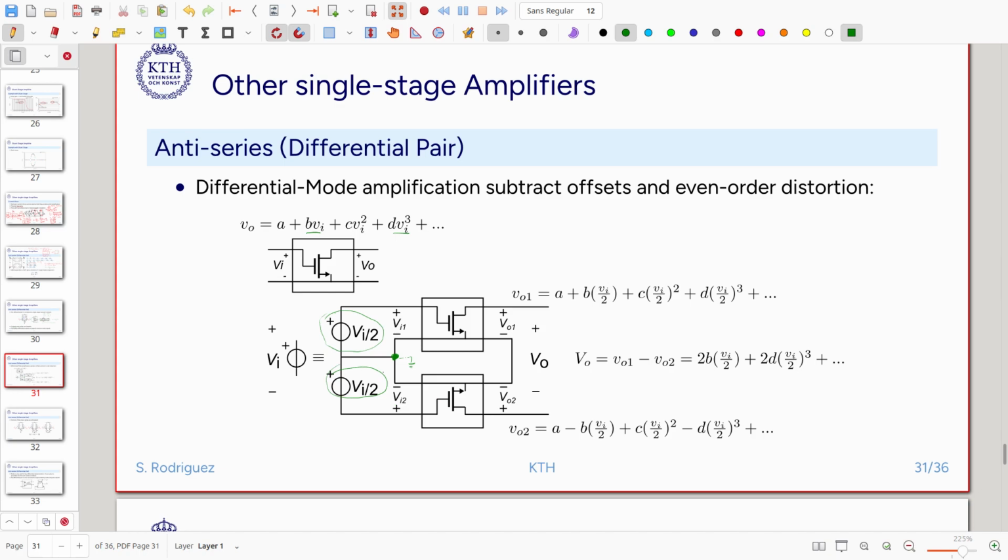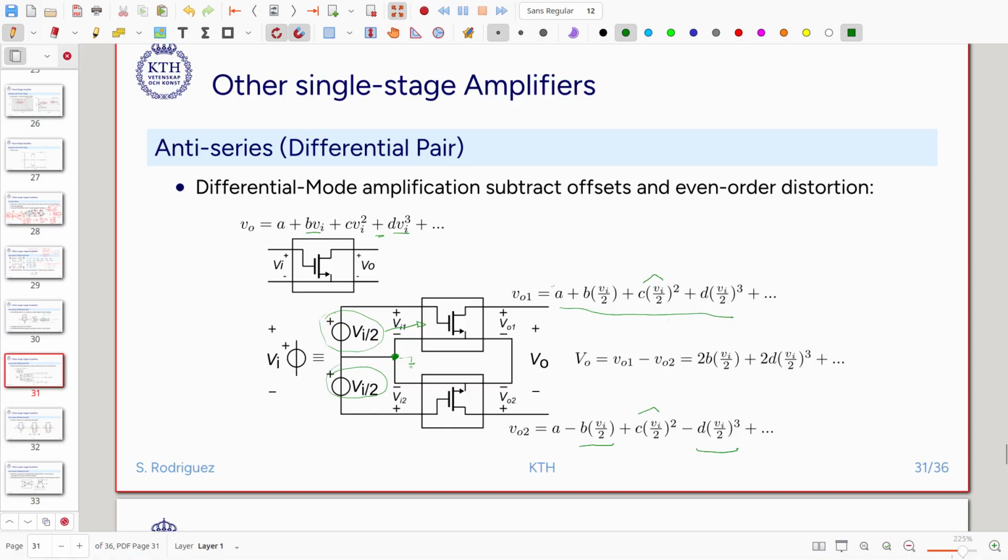That is for a differential signal. If we pass this voltage to this transistor, it will generate an output that, as expected from the behavior of the transistor, will have second, third, fourth order distortion, etc. Now what is interesting is that the other transistor will also operate with the negative part, but it will produce second or even order distortion with exactly the same sign as the other device.